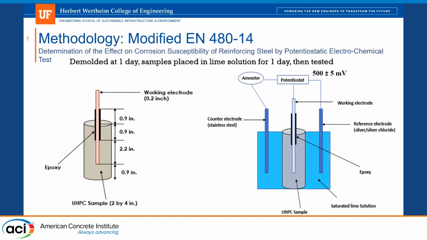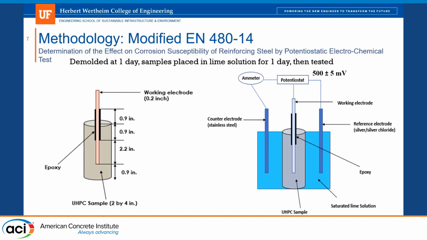The epoxy we are using is Sikadur 32, and here is our testing method. The counter electrode is stainless steel, the working electrode, as I mentioned, is strand wire, and the reference electrode is silver chloride, and we are using the Gamry to measure the potential and the current.